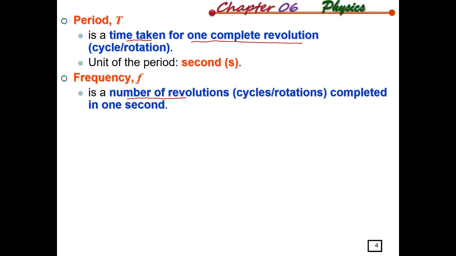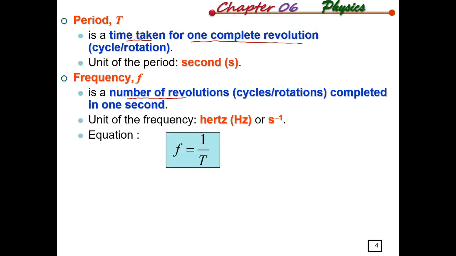The unit for frequency is hertz, Hz, or sometimes per second. The equation for frequency is f equals 1 over T, 1 over period.